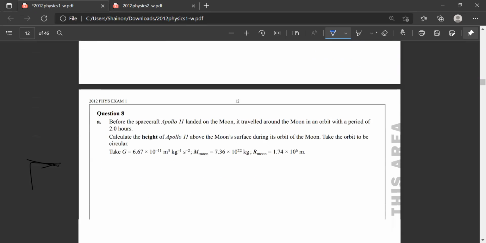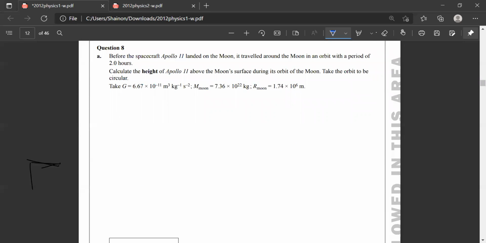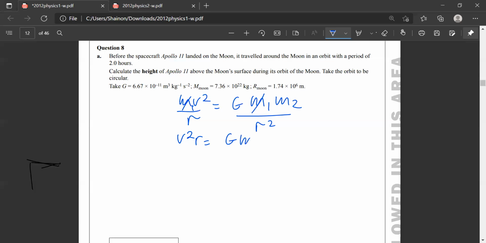Next question, spacecraft. So we just use these formulas for centripetal motion, using v equals.